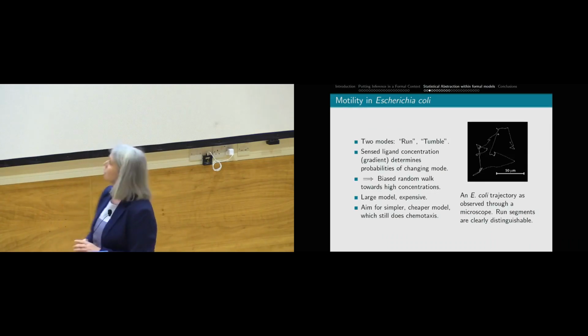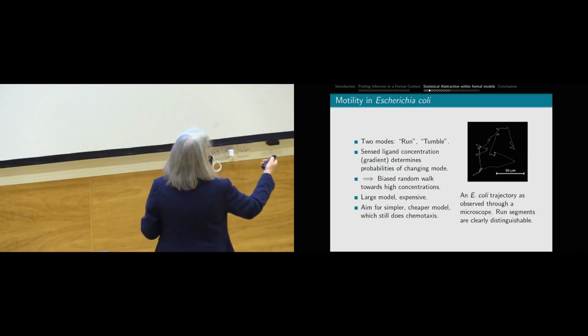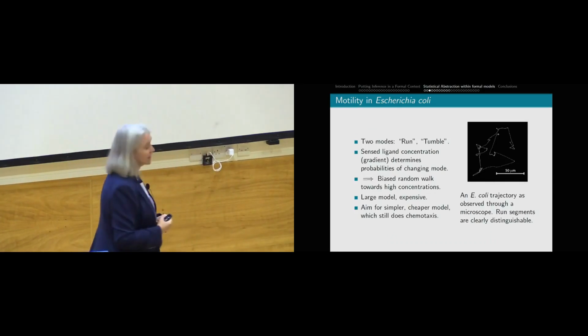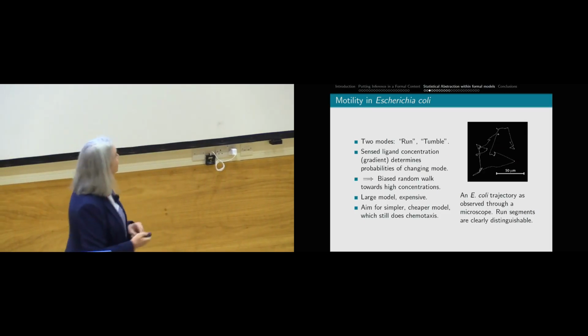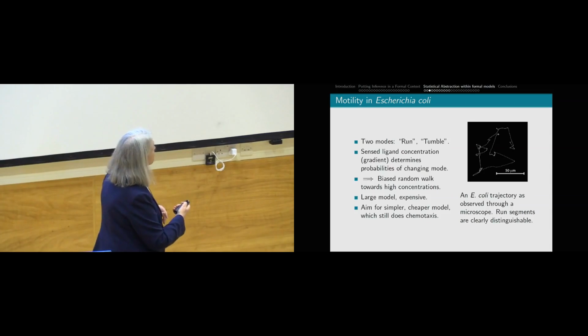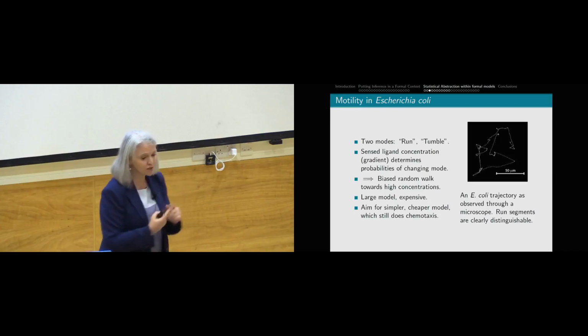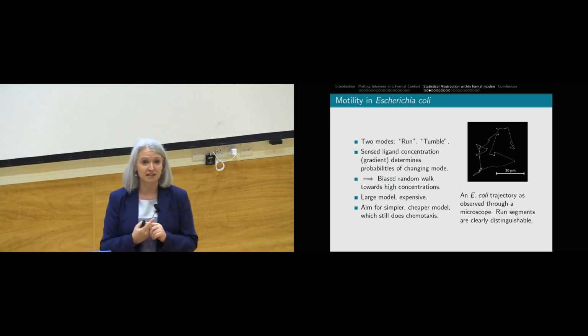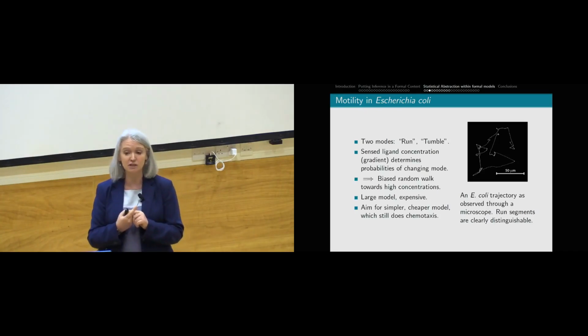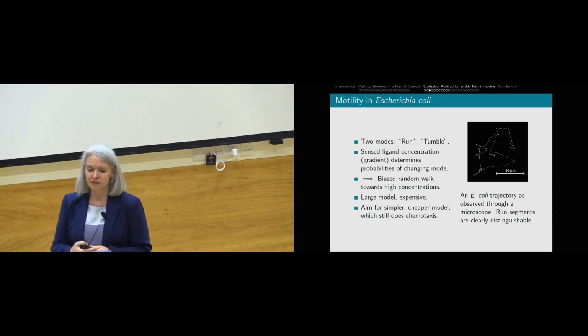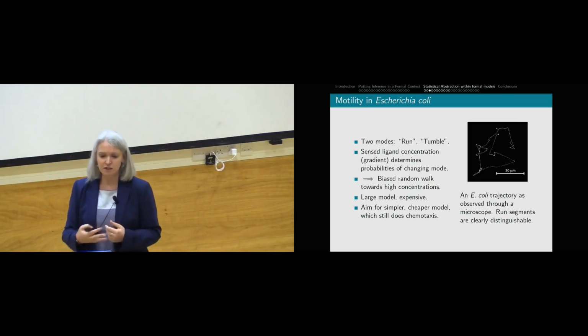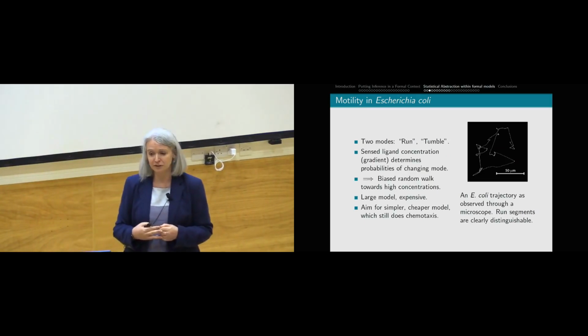So when we look at E. coli, this is a trace through a microscope of an E. coli in a nutrient field. And you can see that it kind of has two types of behavior. It has these long straight stretches, which are called runs, and then it has periods which are called tumbles, where it's reorientating itself. So it's basically turning on the spot. And it determines how to do this according to what it senses from its environment.